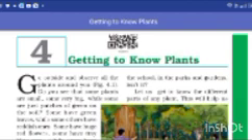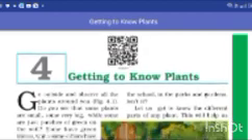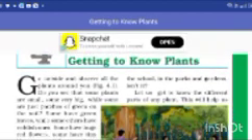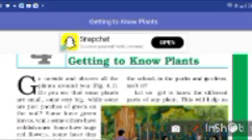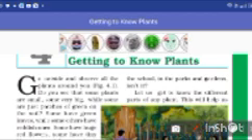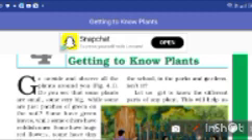So let's start our chapter with chapter number 4, page number 31. First paragraph: go outside and observe all the plants around you. Figure 4.1.